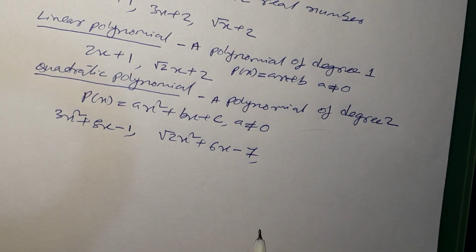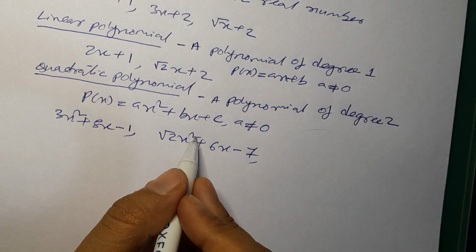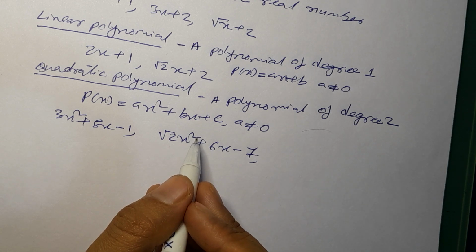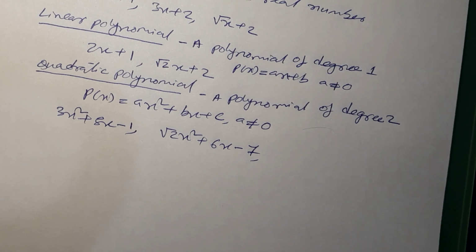See why it is a quadratic polynomial, because you have to check the highest power of x. Here the highest power of x is 2, here also it is 2, so it is a quadratic polynomial. After quadratic it will be cubic.